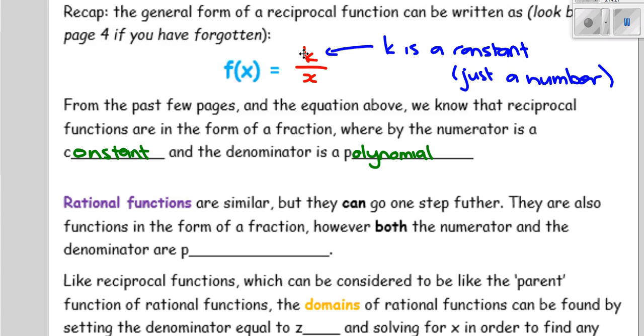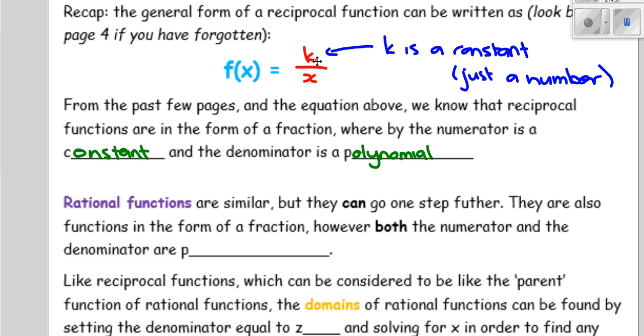Whereas the rational functions are similar. We call this the parent function of the rational functions, the most basic form of a rational function. But they can also go one step further, where they're definitely in the form of a fraction, like before. Guys, listen, this is hard stuff.